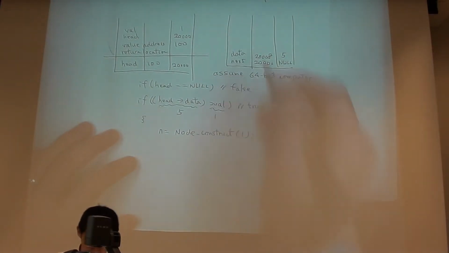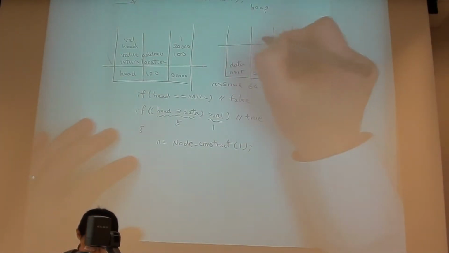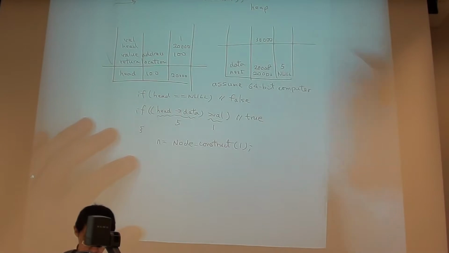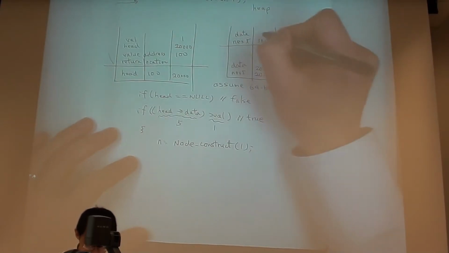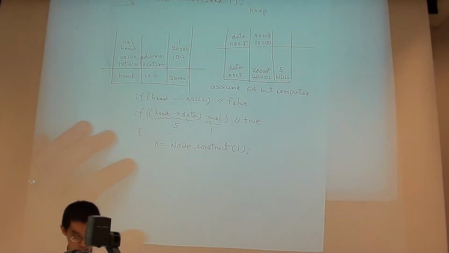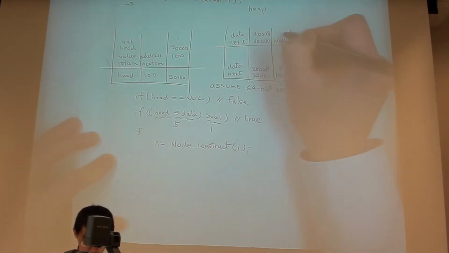So you will allocate another piece of memory in your heap. Let's say it is 30,000. You have next and the data. Next is null because inside the constructor you initialize it to null, and the data is 1.